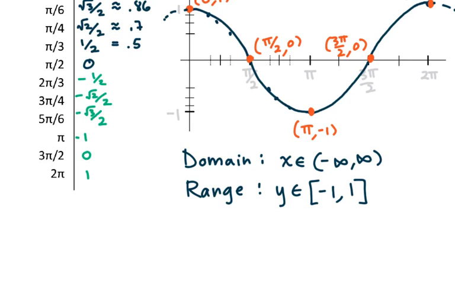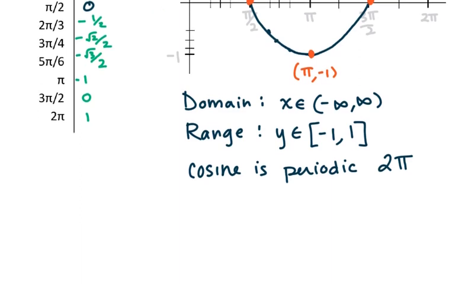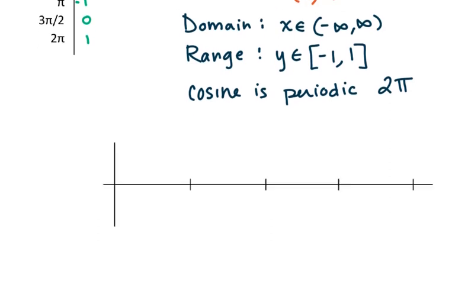The period of cosine: we can say cosine is also periodic with period 2 pi. And what does that look like if it continues repeating itself forever? So I've pulled in this graph.